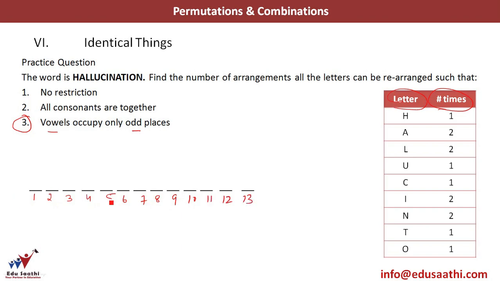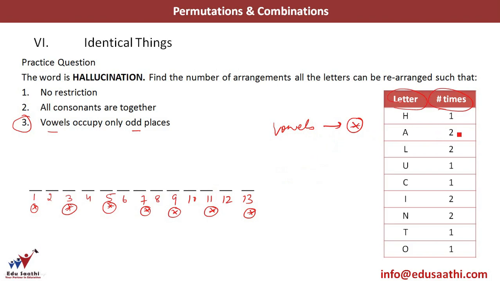Now what are the odd places here? This first one, the third one, similarly the fifth one, 7, 9, 11 and 13. So the vowels can only occur at the starred places here, the places where I have marked a star.